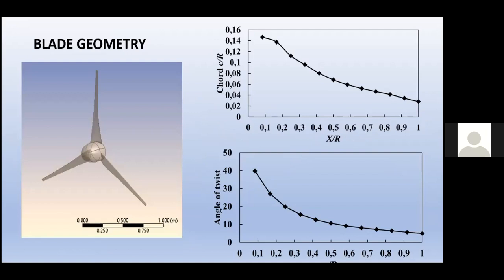The graphs that we can detail on the right side of the slide show that the chord sizes near the root reach values close to 15 centimeters and at the tip reach just over 2 centimeters. The method used to calculate the geometry of the blades is the BEM method, or blade element momentum theory.